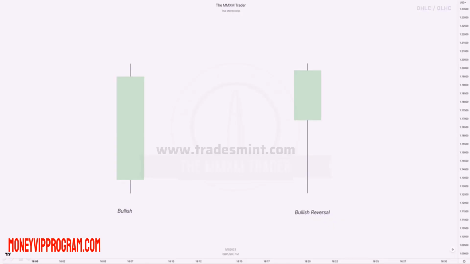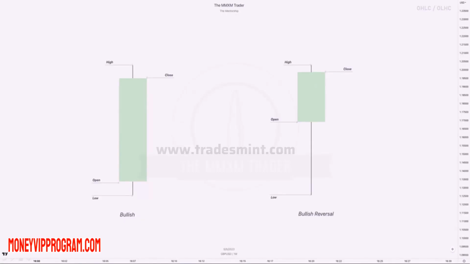Right, so over here we've got a bullish candle and a bullish reversal candle. So a bullish candle is an open low high close, right? Let's outline that over here, because we open up the day over here, make a low, continue to expand during the day, creating the high of the day, and then closing out eventually.